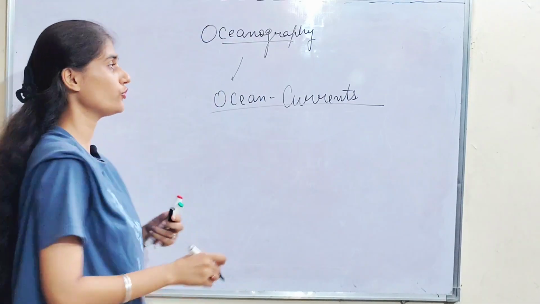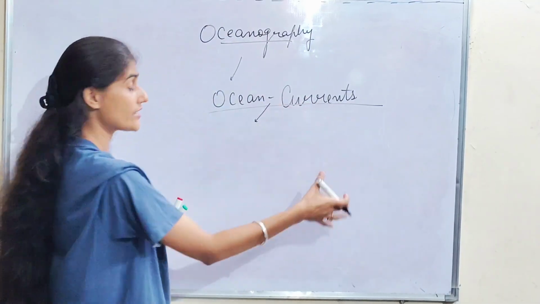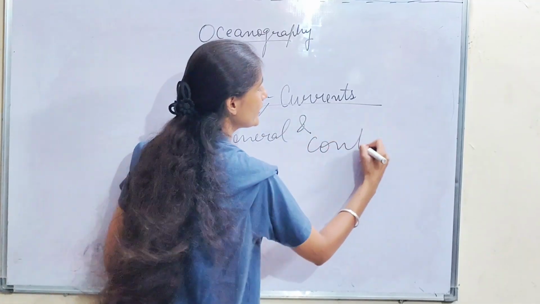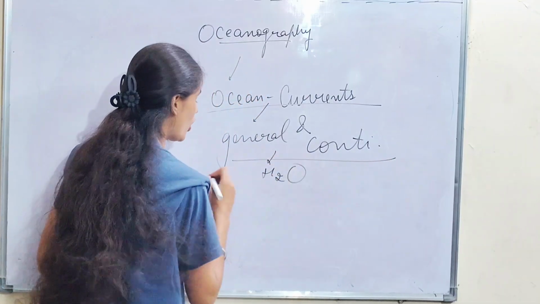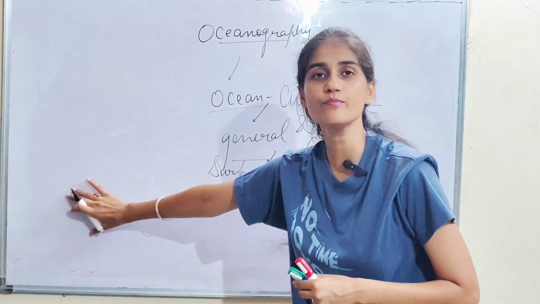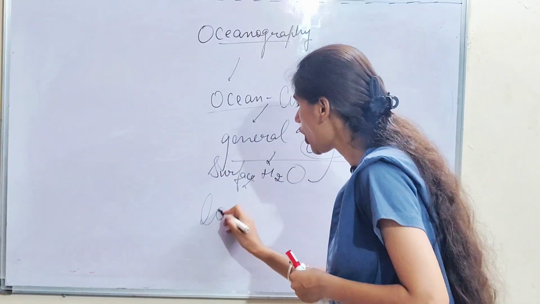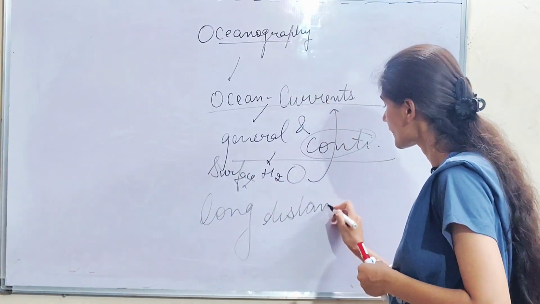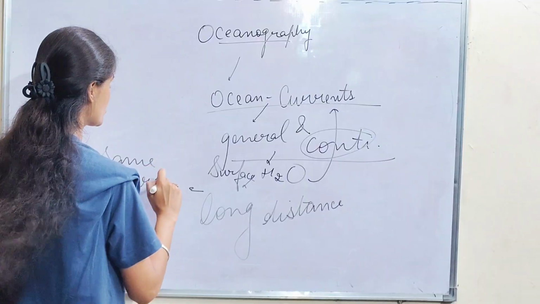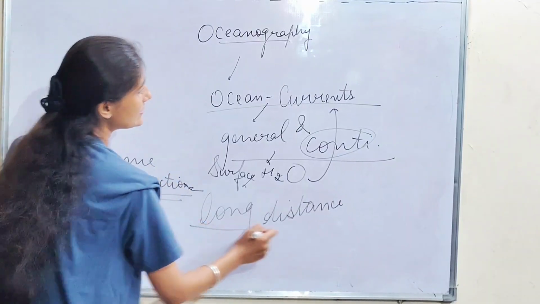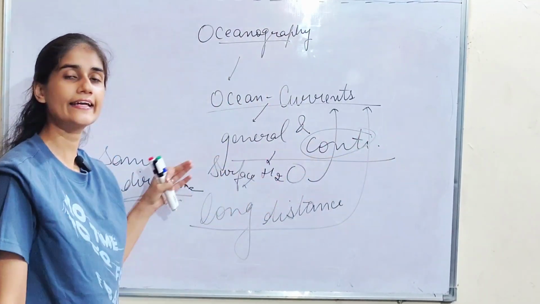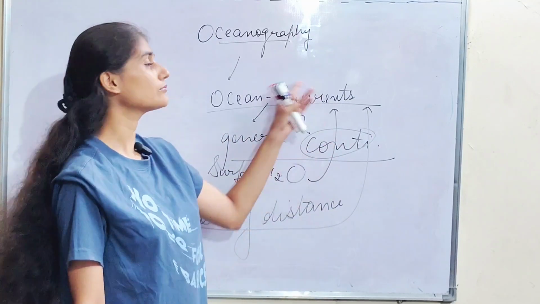I told you what this term actually means: the general and continuous movement of surface water, for a long distance and in the same direction, is termed oceanic currents. So when water moves continuously in one direction for a longer distance, that is termed an oceanic current.